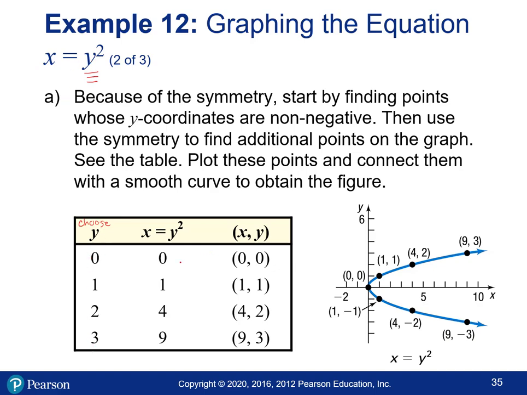So y squared is going to be x. So 2 squared is 4, 3 squared is 9, and so on. So we have those points. And so we just use the symmetry across the x-axis to map the other points. So (1, 1) mirrors to (1, -1). (4, 2) mirrors to (4, -2), and so on. And so we get this sideways parabola.